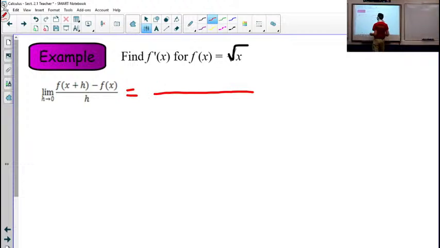The derivative is the limit as h approaches 0 of f of x plus h minus f of x all over h. This time we're not putting in a specific number for x. We're just generally talking about the function at x.